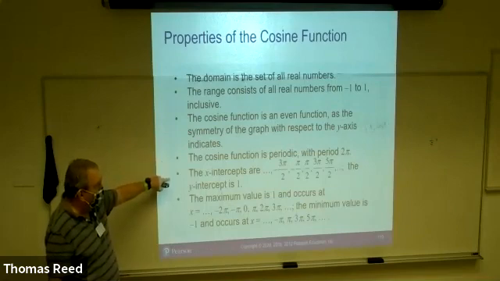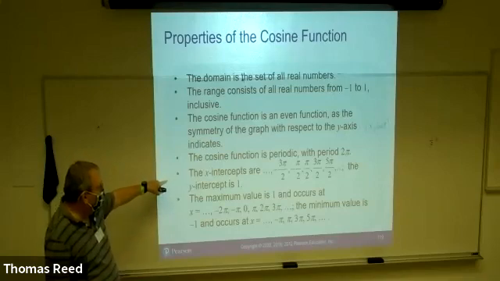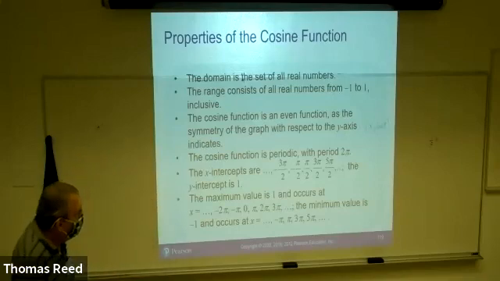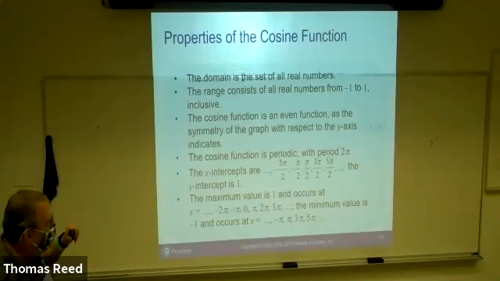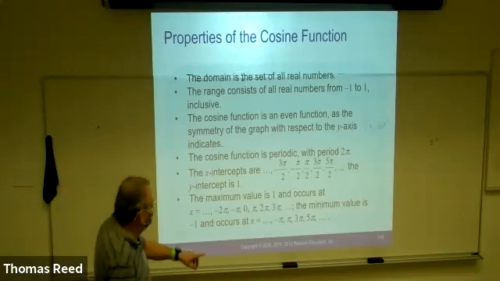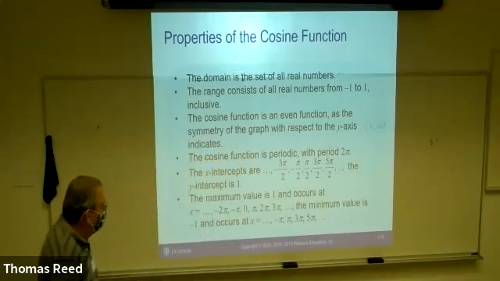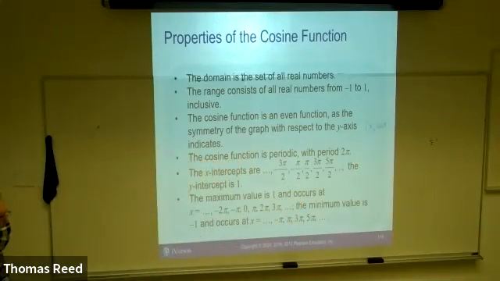The x-intercepts are odd integer multiples of pi over 2, where with sine, it was multiples of pi.